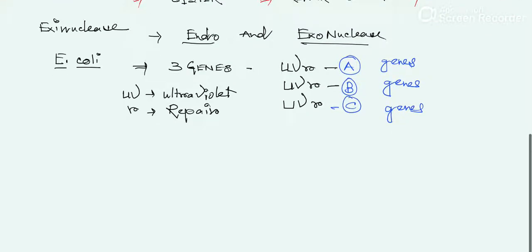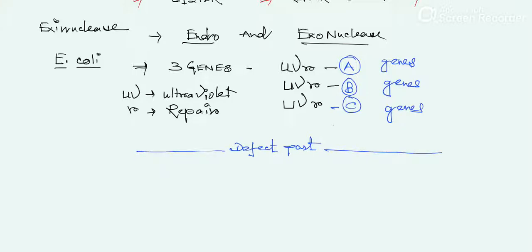Suppose there is a defective part present in this DNA. This is the defective part, and two UVRA and one UVRB unitedly recognize this part.